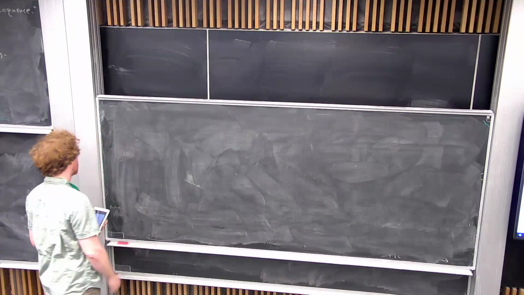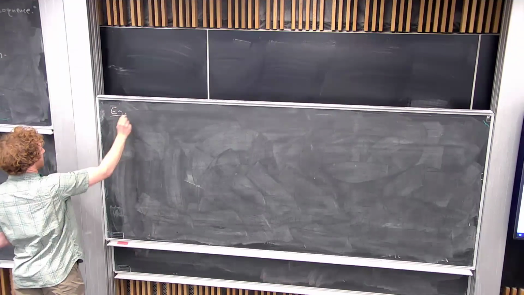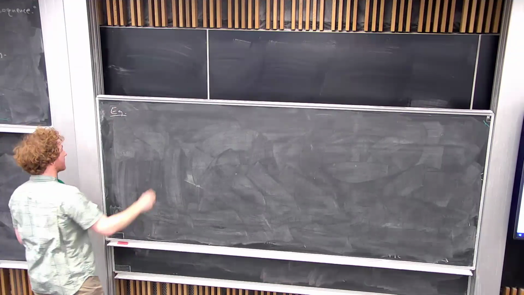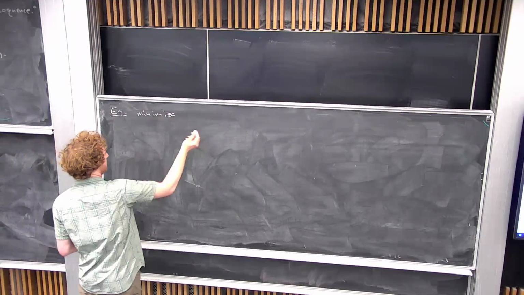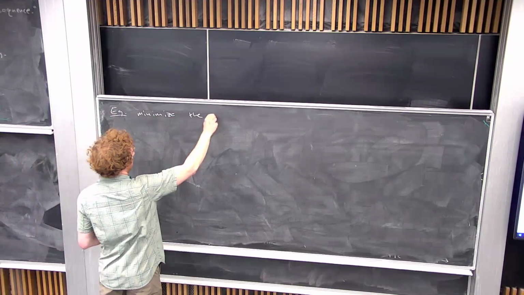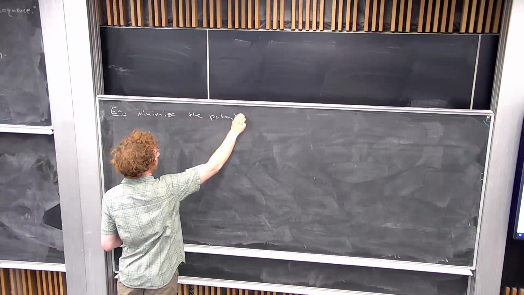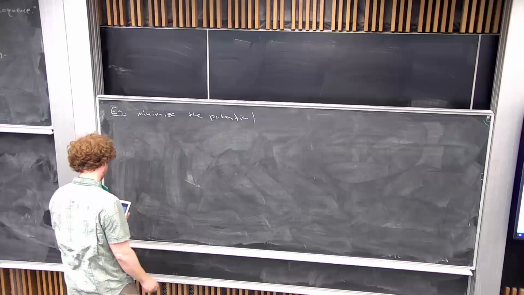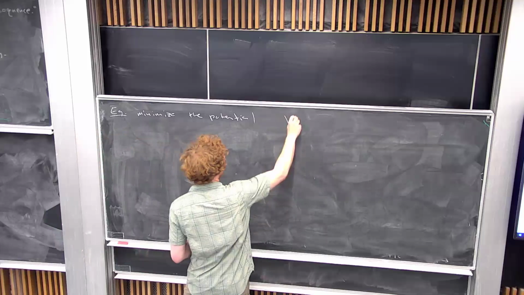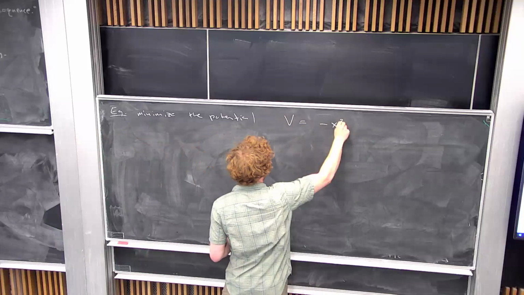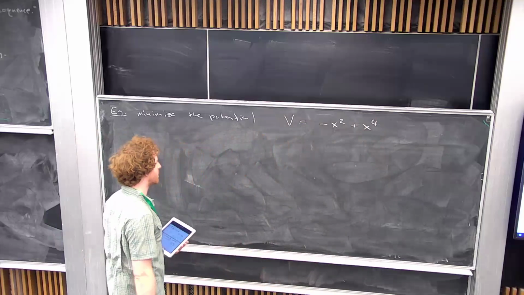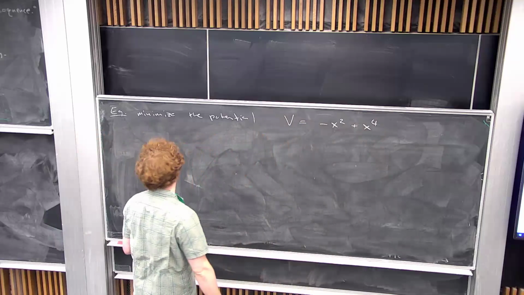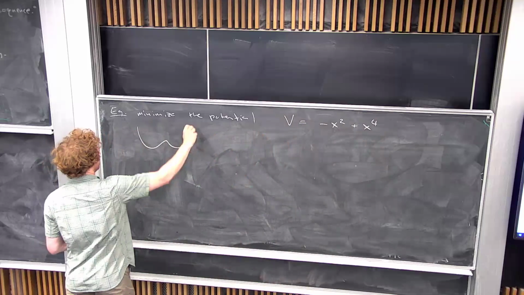Another one, which is maybe more physics-ish, is to minimize the potential. For example, sort of a double well potential. So it looks like this.